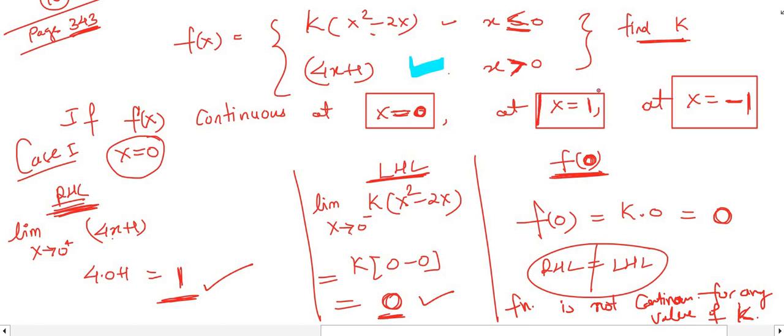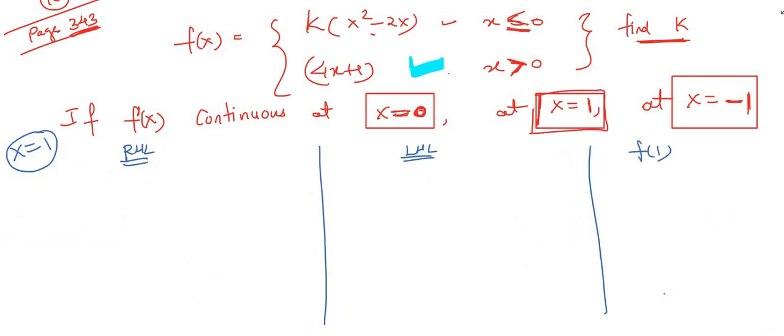Now let's check for 1. Now we are checking for x is equal to 1. So I will do RHL, then LHL and then function value, and then we will decide the value of k. For RHL it will be limit x is tending to 1 plus, because we have to check at 1, so it is a little bit more than 1. So where it is a little bit more than 1?